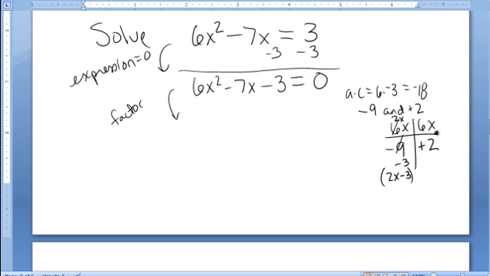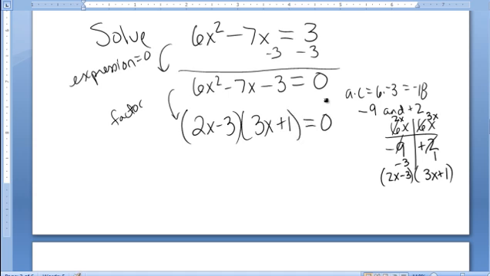Simplifying 6x over 2, I pull a 2 out of each term. 6x divided by 2 leaves 3x. 2 divided by 2 leaves 1. So the other factor is 3x plus 1. Therefore, the left side of my equation factors as 2x minus 3 times 3x plus 1 equals 0.